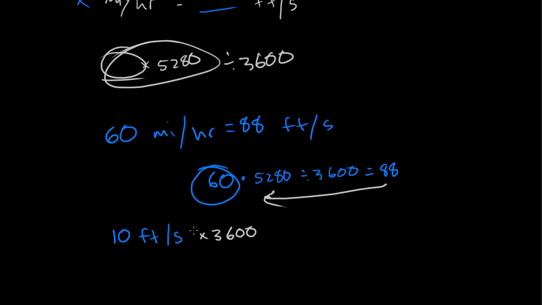And once I've multiplied by 3,600, I'm going to divide by 5,280. Well, that means that 10 feet per second is about 6.81 miles per hour. Actually, that should be 6.82 miles per hour because the 81 repeats.